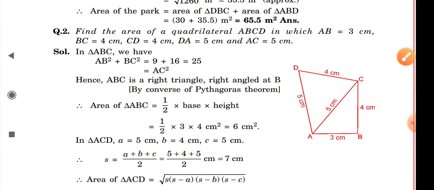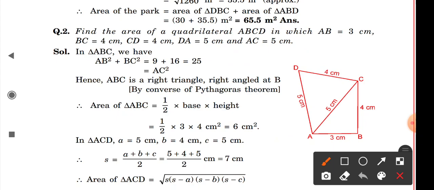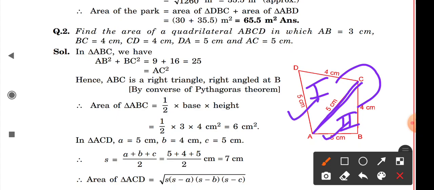So there is no need to use the Pythagoras theorem, because one diagonal is given also. So in both the first and second triangles we can apply Heron's formula and find the area, then we will add the areas of these two triangles.